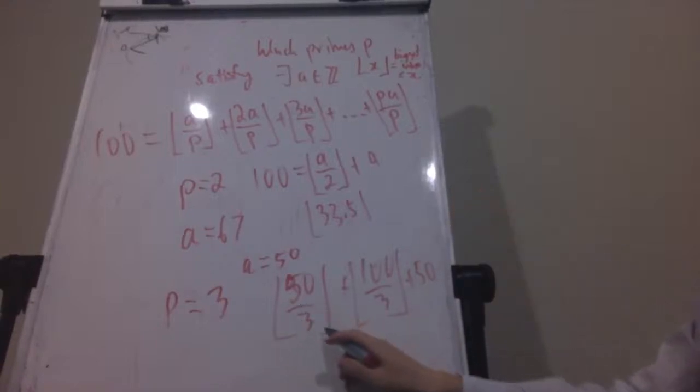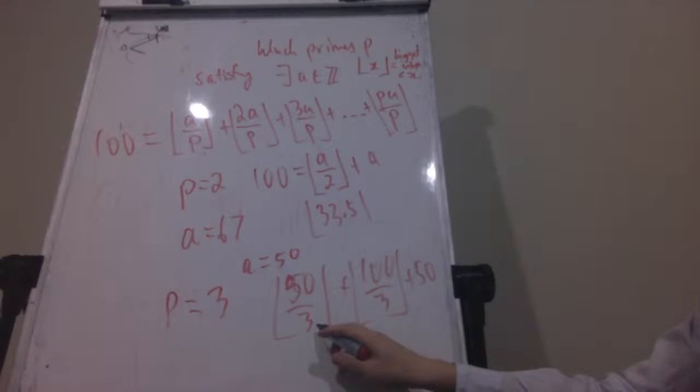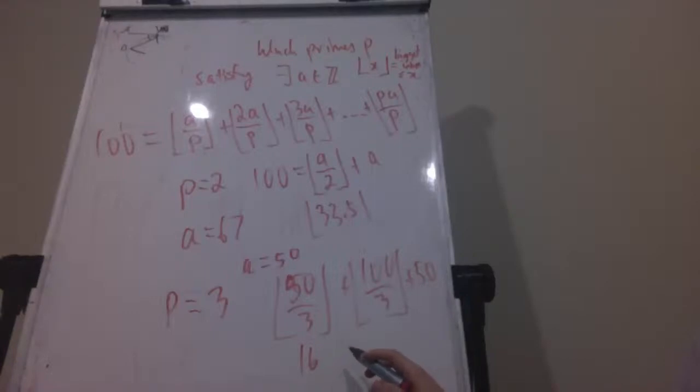So this is like 16 something, so it becomes 16. And this is 33 something, so it becomes 33. So this is 99, right?